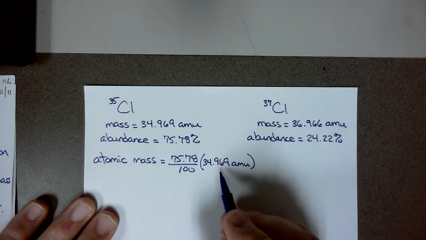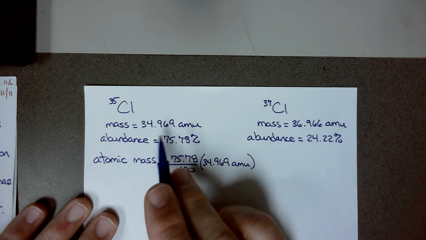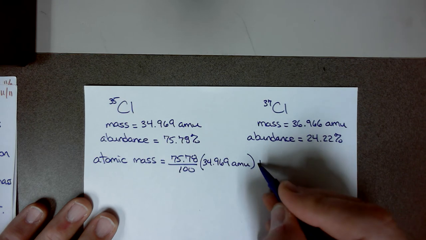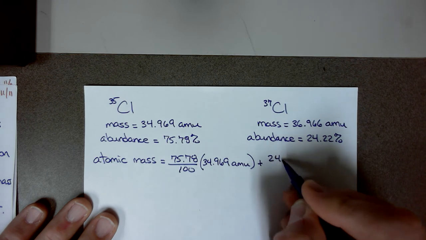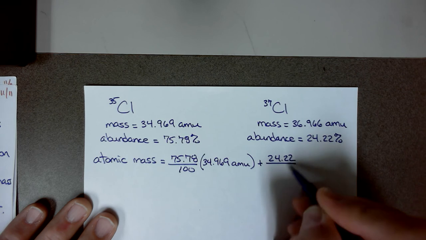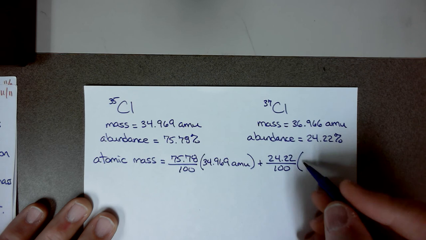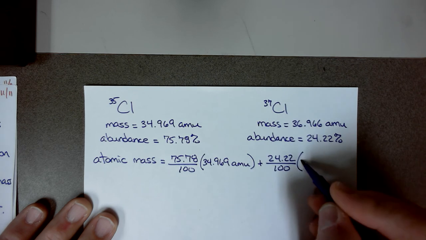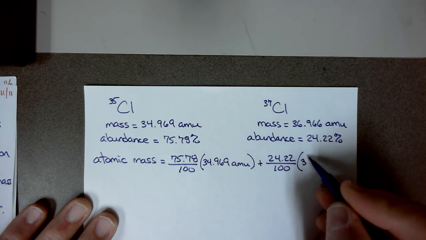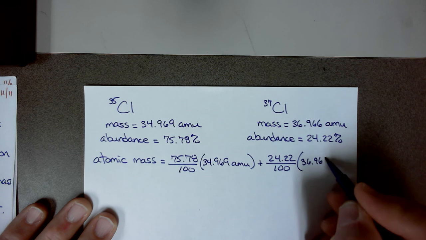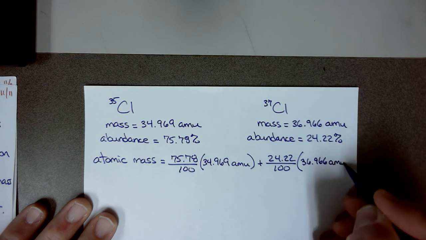That's the mass of isotope 35, plus 24.22% divided by 100 to give us relative abundance, times the mass of isotope 37, which would be 36.966 AMU.